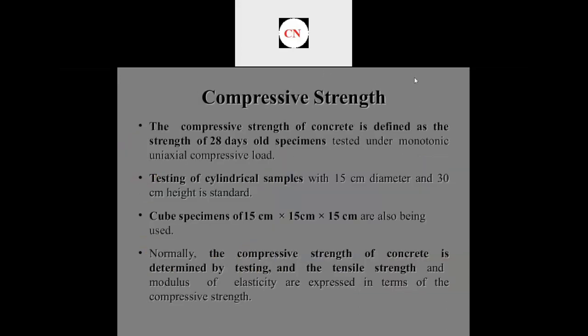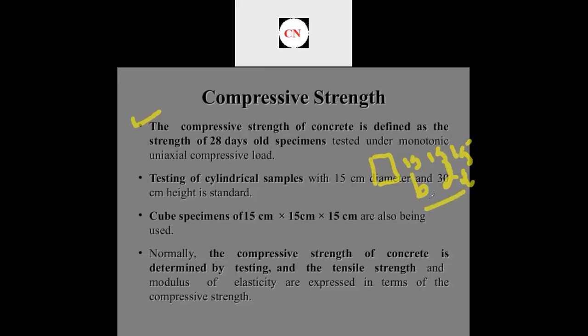Now moving forward, compressive strength. This compressive strength can be tested by casting concrete cubes of size 15 by 15 by 15, that is 15 centimeter width, 15 centimeter depth, 15 centimeter length, b into d into l.